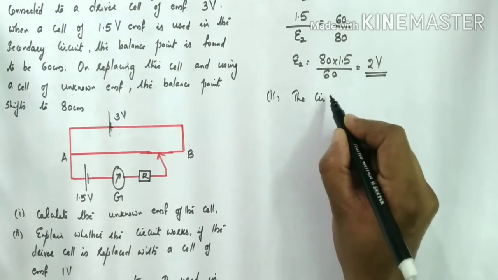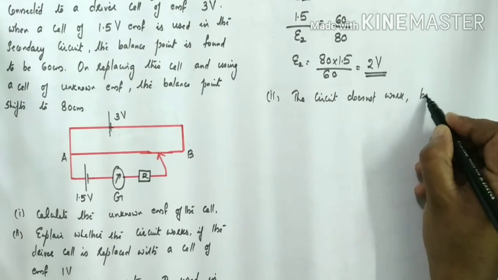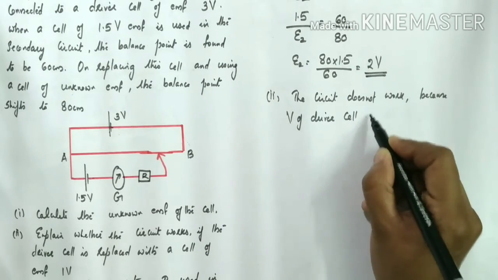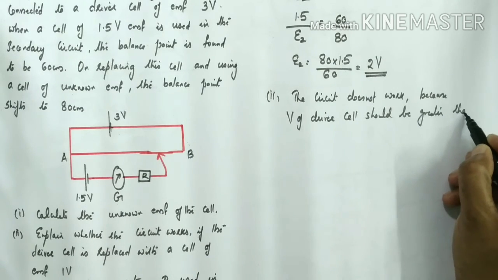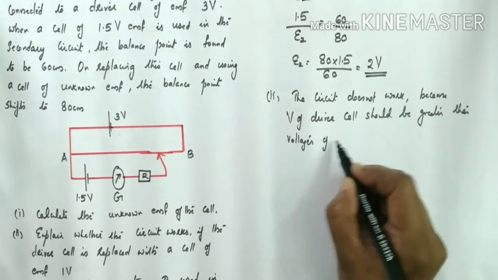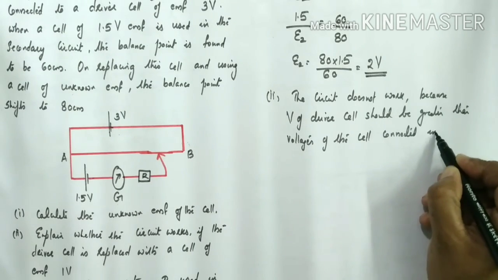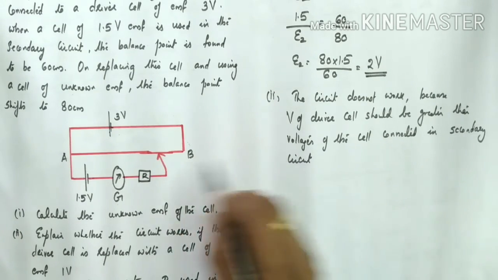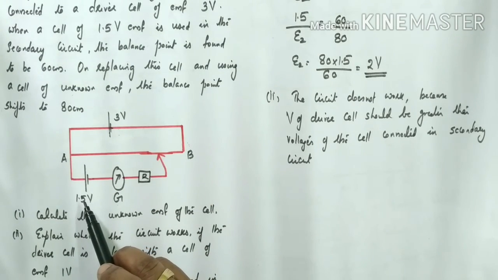The circuit does not work because the voltage of the driver cell should be greater than the EMF or voltage of the cell connected in the secondary circuit. So the driver cell voltage should always be greater than the voltage of the cell connected in the secondary.